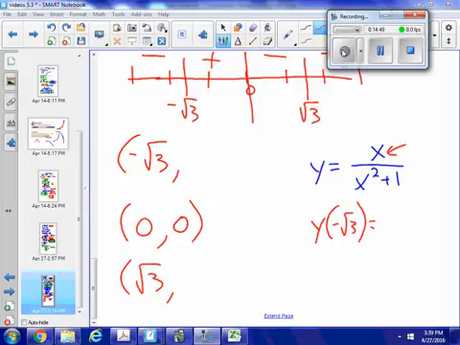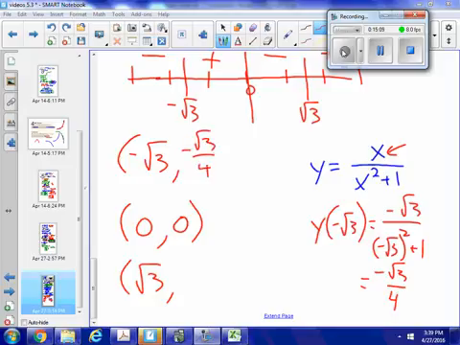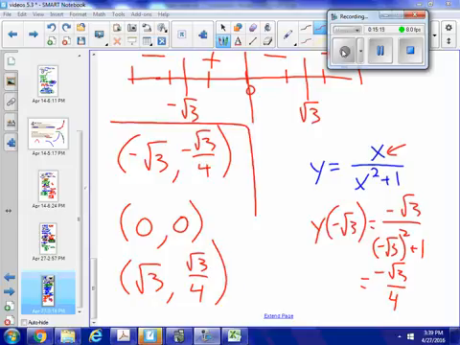Well, that's going to give me negative radical 3 on the top, and negative radical 3 squared plus 1 on the bottom. Well, that should be negative radical 3 over 4. So at negative radical 3, it's going to be negative radical 3 over 4. And it doesn't take too much to figure out that at positive radical 3, it's going to be positive radical 3 over 4. So these are my inflection points.